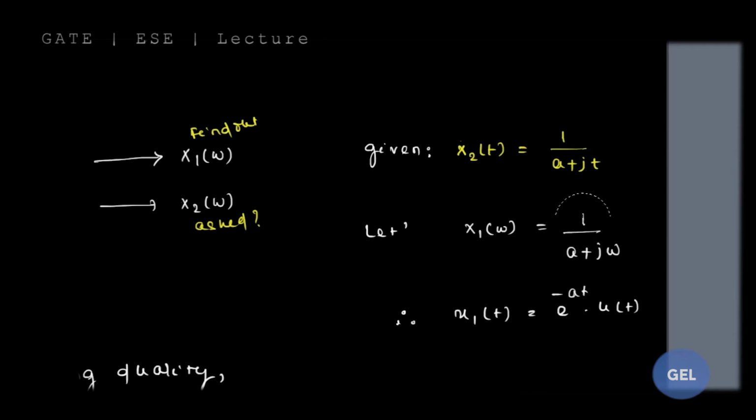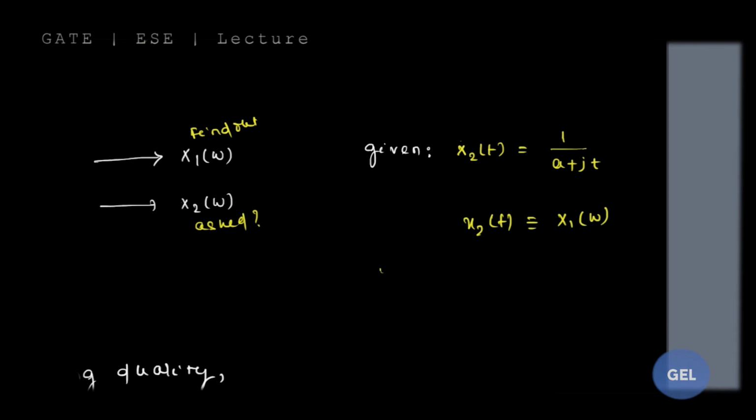So x1(omega) will be nothing but 1 by a plus j omega.